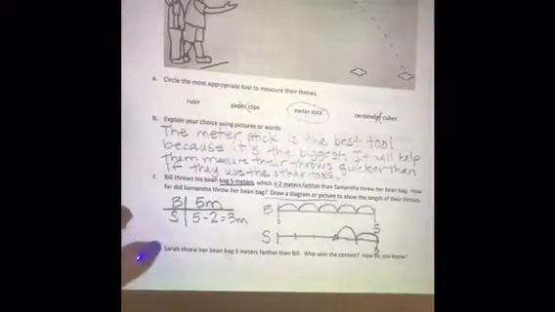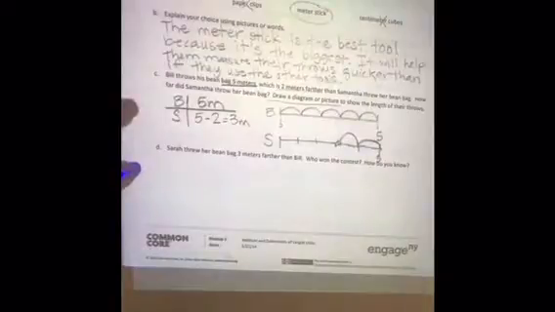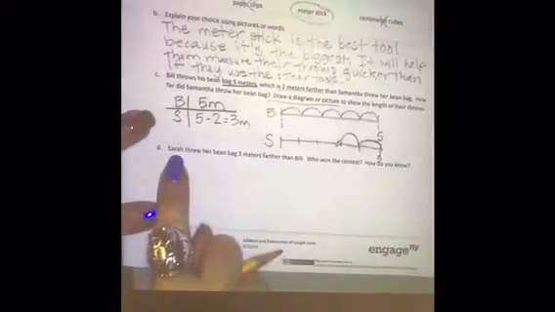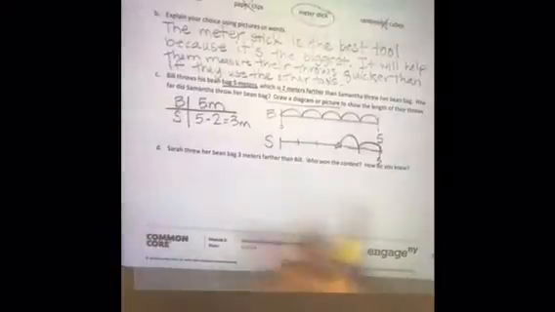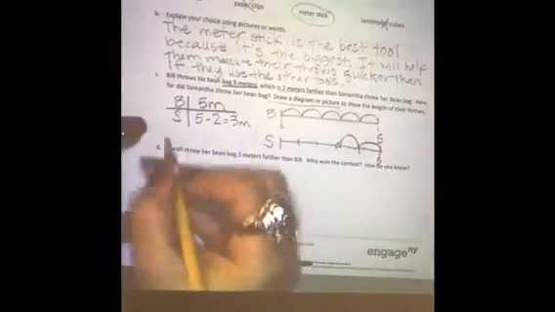Now there's a third person that's part of the beanbag throwing contest, and her name is Sarah. Personally, I wish that the people that had written this assessment would have given this third kid a name that didn't start with an S or a B. So on my students' assessment, I actually changed that student's name to Janie.